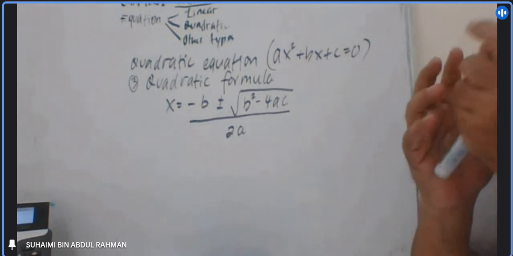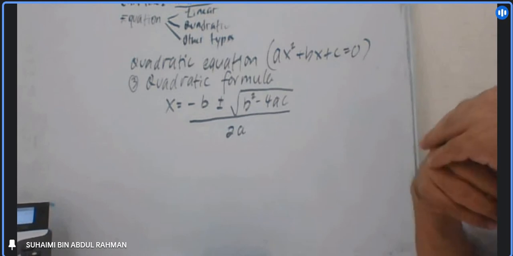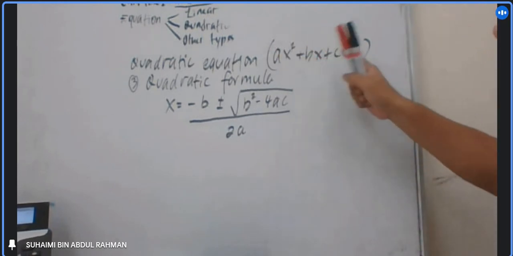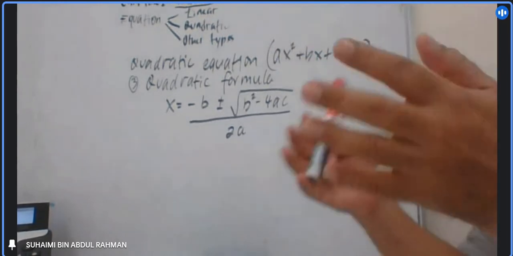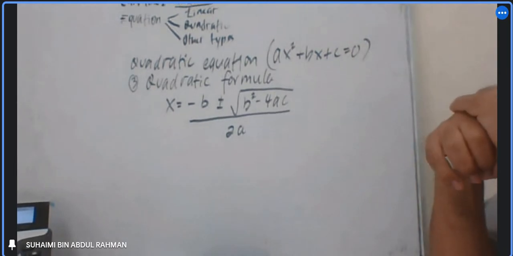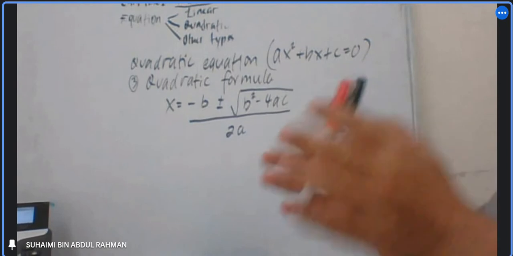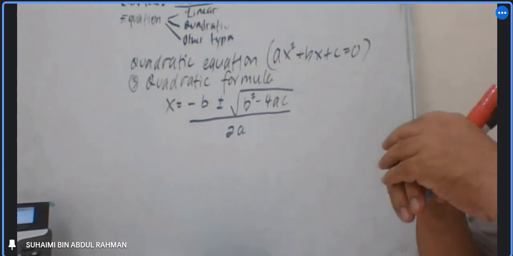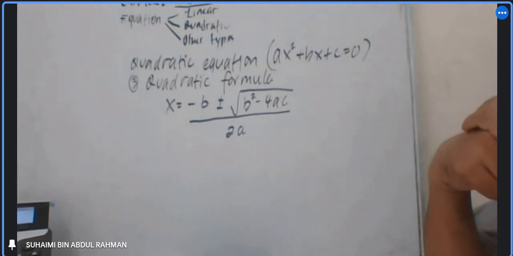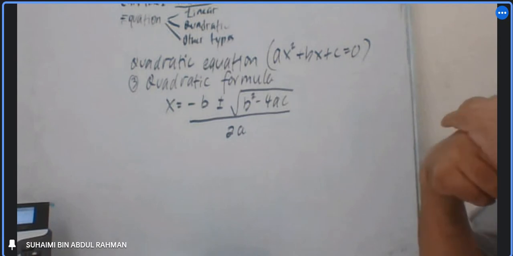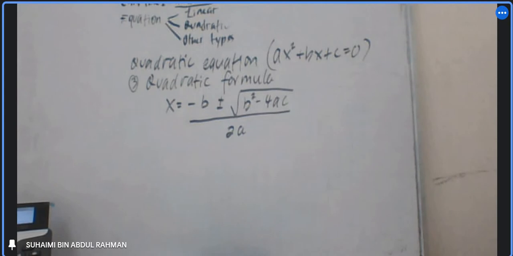This is the quadratic formula, where a, b, c you obtain from the quadratic equation. So we have to determine what is a, what is b, what is c.